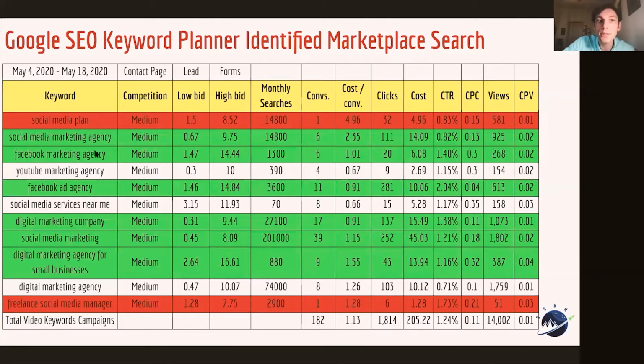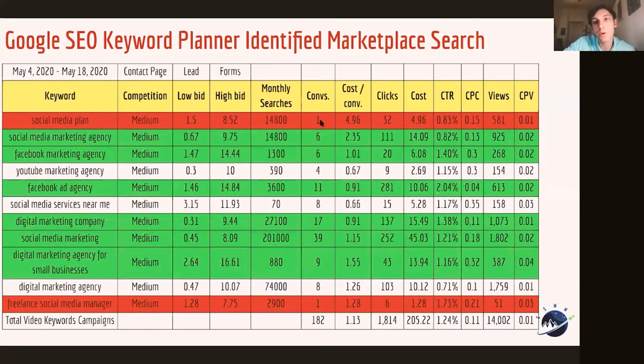When I plug these keywords into the keyword planner, it's going to tell me, hey, Benjamin, for the word social media plan, 14,800 people are searching for that keyword monthly globally, and you can expect to pay as low as $1.50 a lead, and on the high end, $8.52, right?